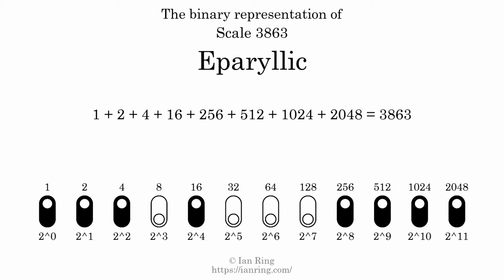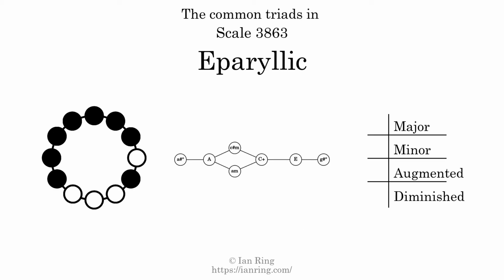That is why the scale number, in decimal, is 3863. The scale number not only enumerates the scale with a unique index, but it also literally describes the tonal content of the scale. Represented as a binary number in base 2, the scale number is 111100010111.